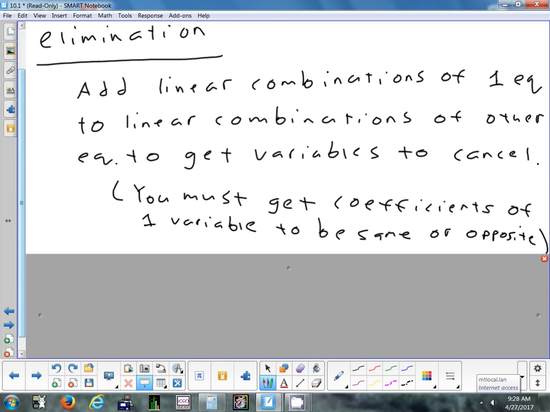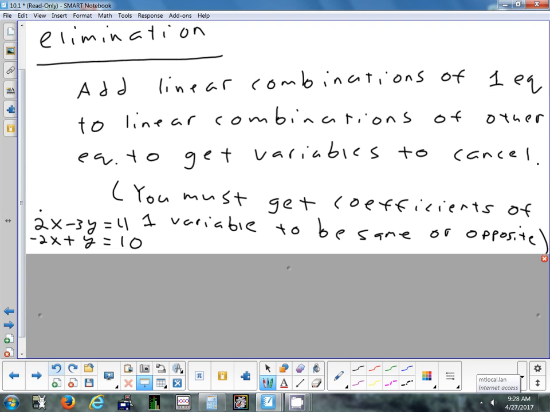Basically, if you had equations like 2x minus 3y equals 4, and negative 2x plus y equals 10, this would be a system set up for elimination because you have a positive 2x on the top and negative 2x on the bottom. When you add them vertically, they cancel out. You add everything vertically when you do elimination.